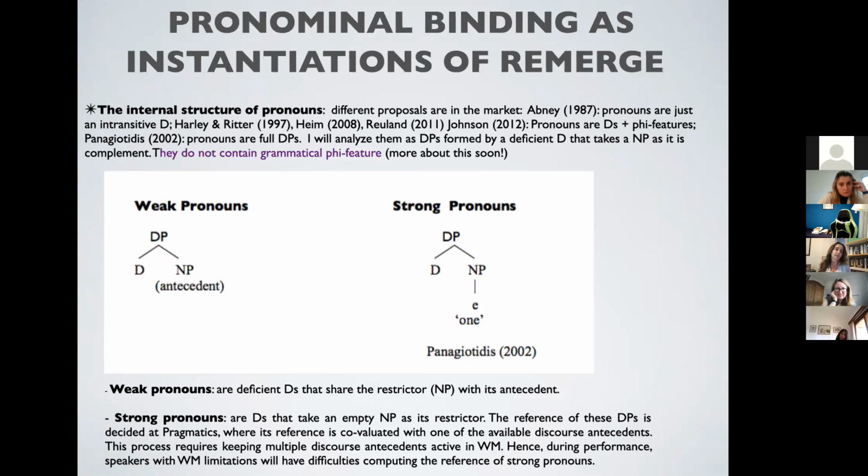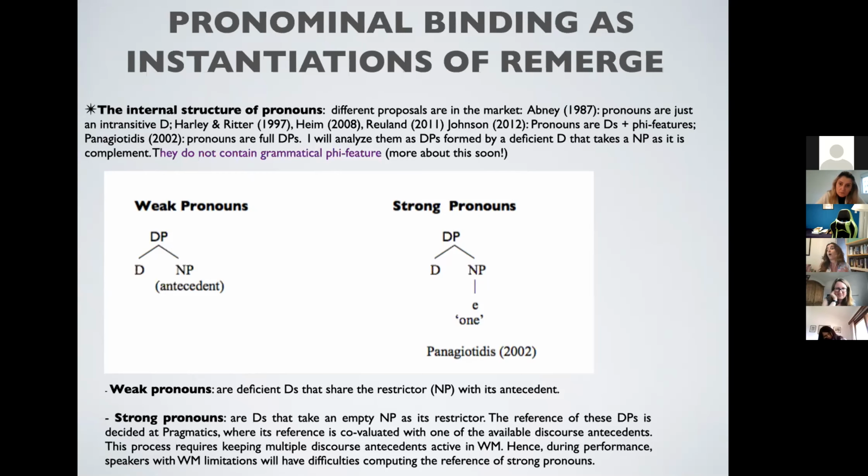So basically, my proposal is that a weak pronoun is just a D that takes as a restrictor an NP, and this NP is the NP of its antecedent. A strong pronoun, on the other hand, that's Panagiotidis' proposal, is a D with an empty NP.